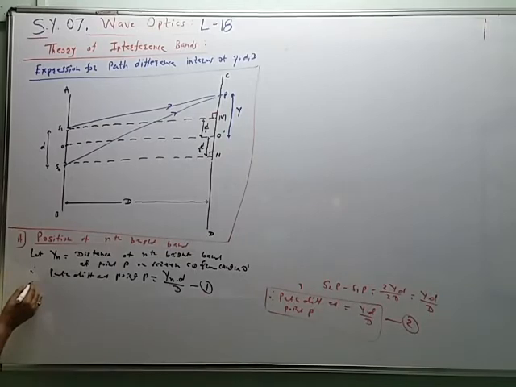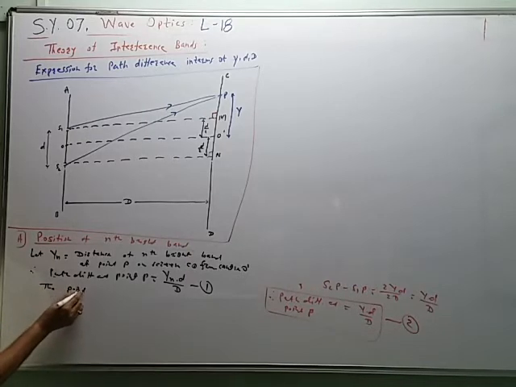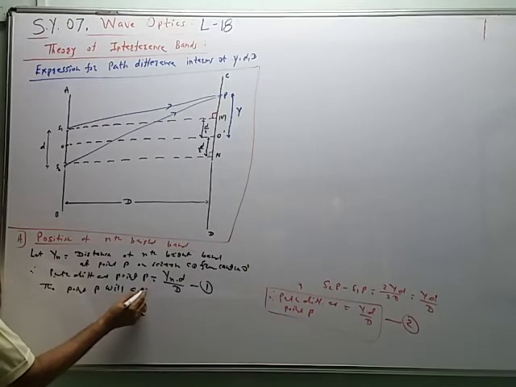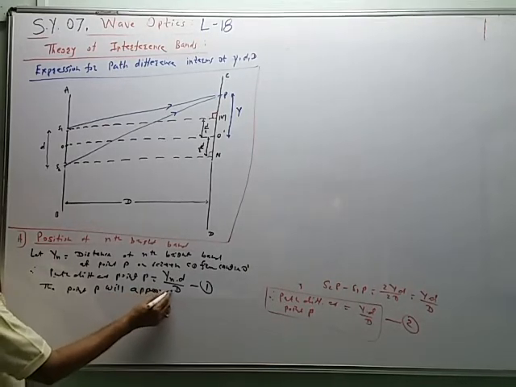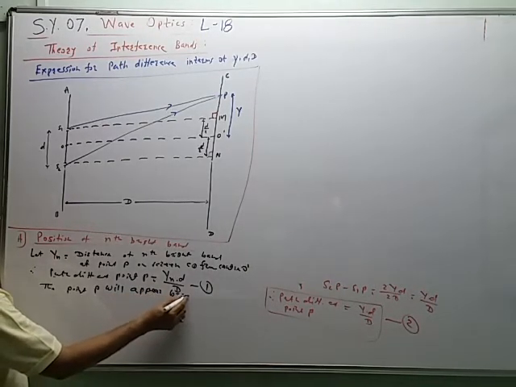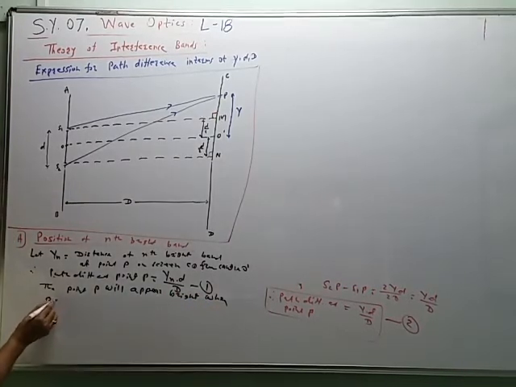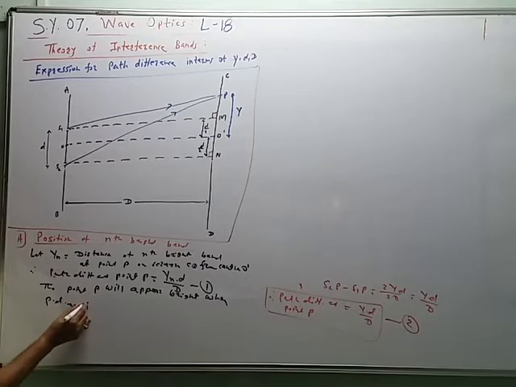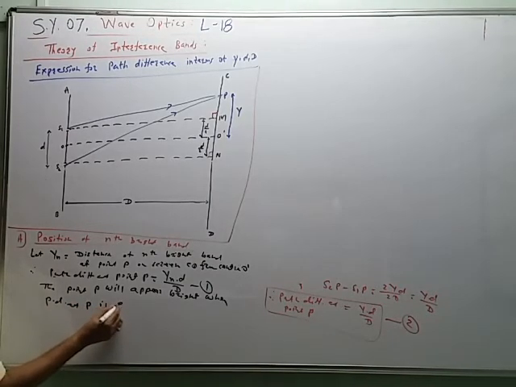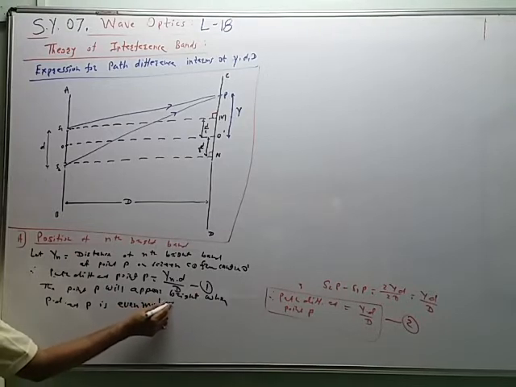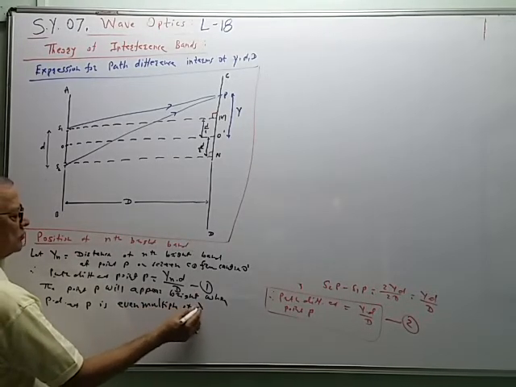Now the point P will appear bright when path difference at P is an even multiple of half lambda.